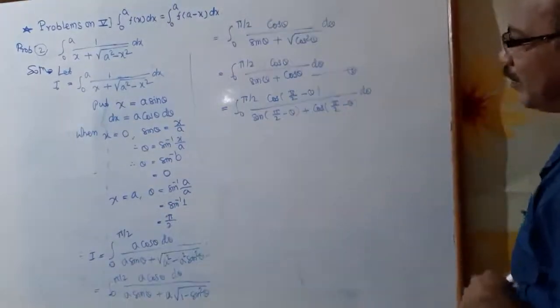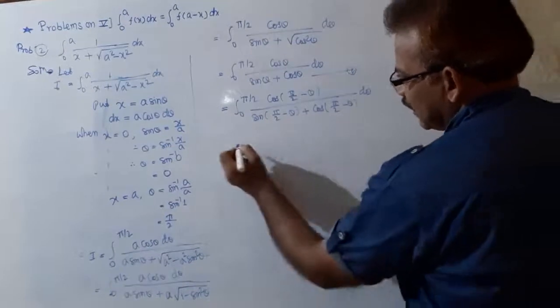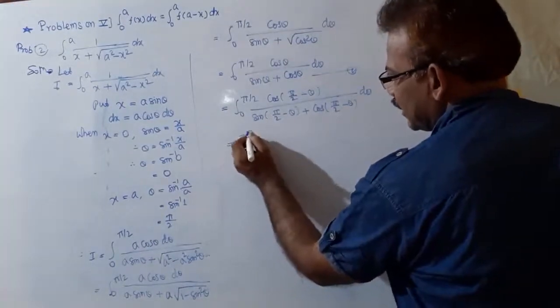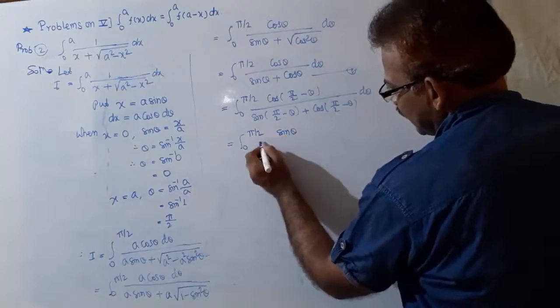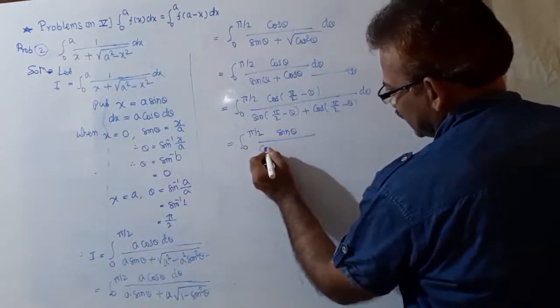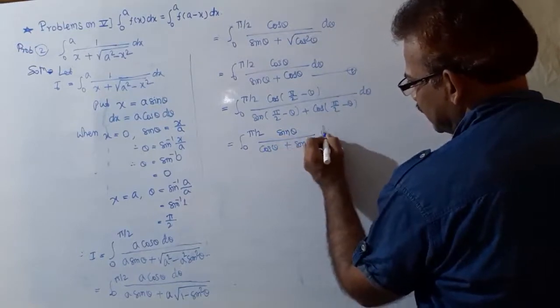We know the formulas sin(90 minus theta) is cos theta and cos(90 minus theta) is sin theta. So it equals integration from 0 to pi by 2 of sin theta divided by cos theta plus sin theta d theta.